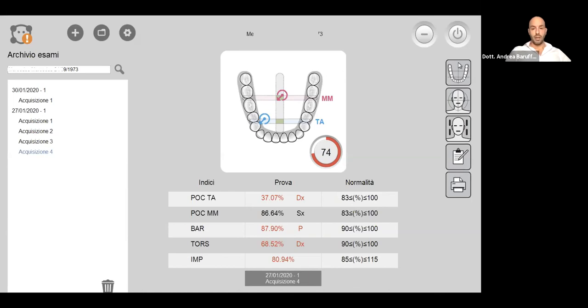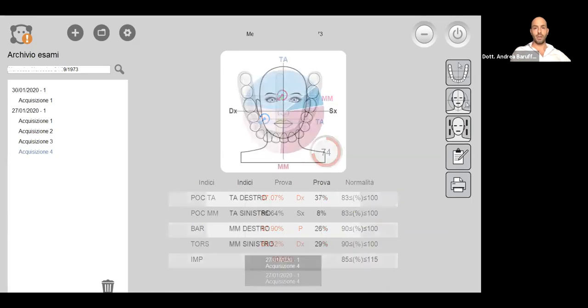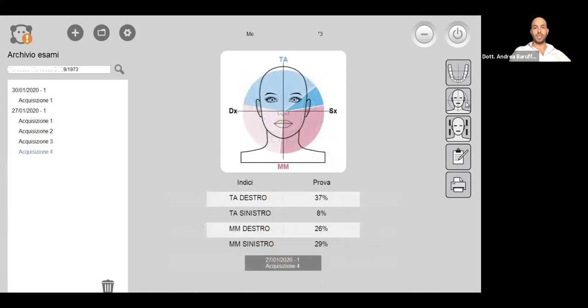The barycenter is slightly posterior. We have this important torsion, and we can see again that the pain makes the patient's muscles work below the normal levels. So we see that the impact is under the normal range. We are totally out of the range.